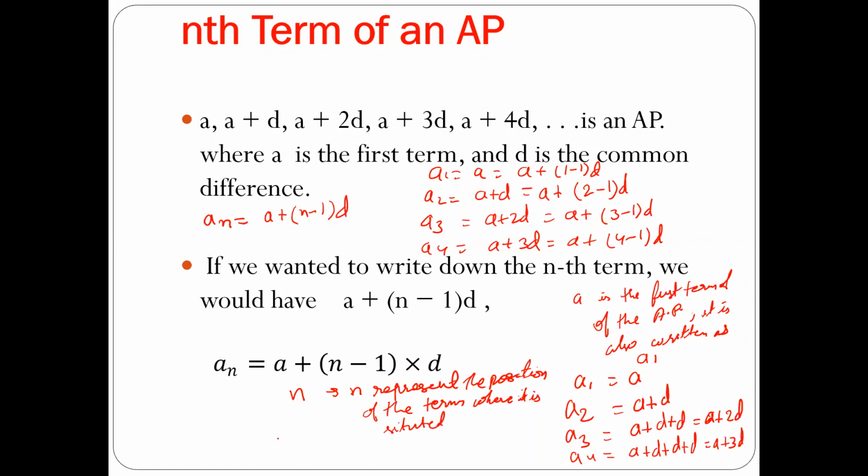Okay? And an is the value of that required term. How can we understand that?